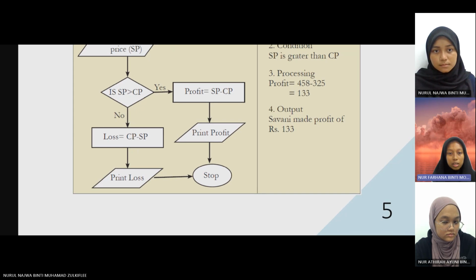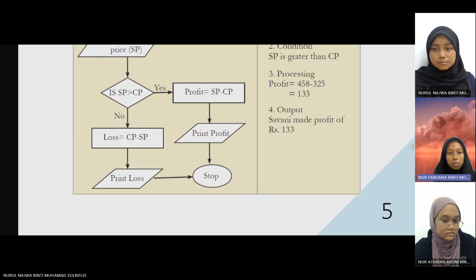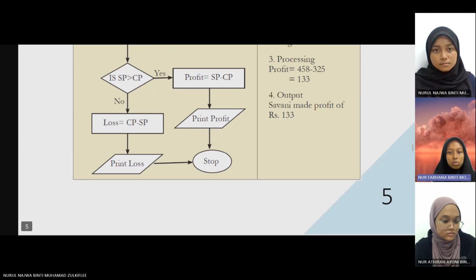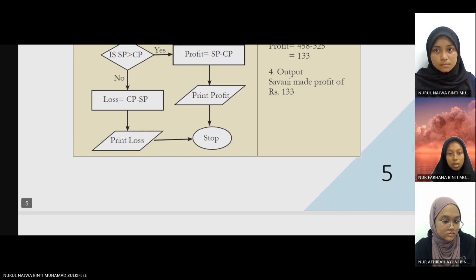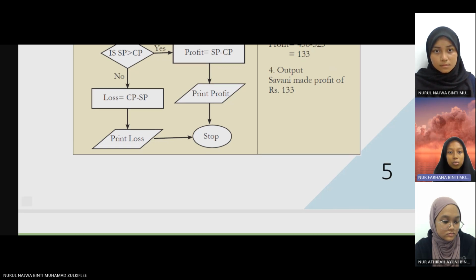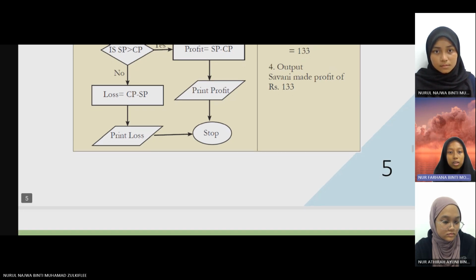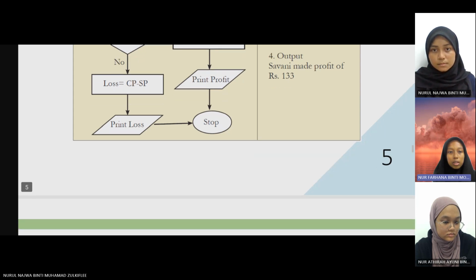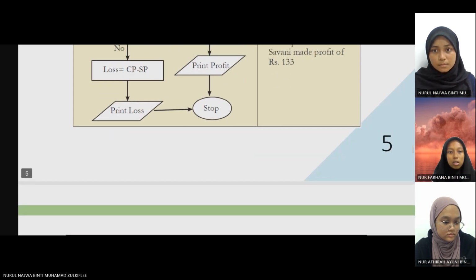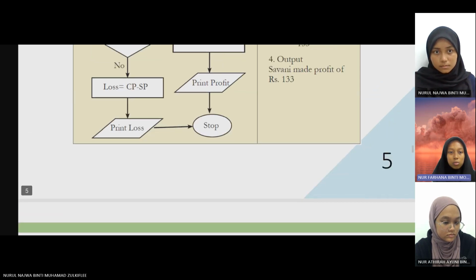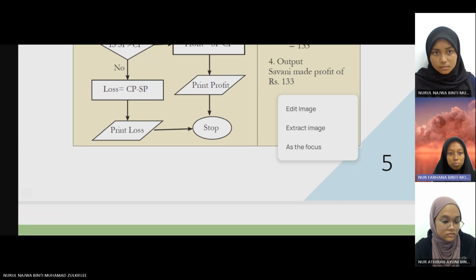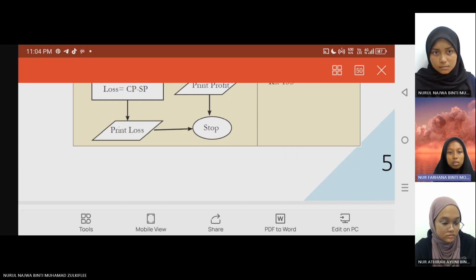If the answer is yes, we go to process, the input is profit equal to selling price minus cost price. And then we go to data, the input is print profit. After that, we go to terminal stop. But if the answer is no, the process input is loss equal to cost price minus selling price. The last one is the data, the input is print loss.